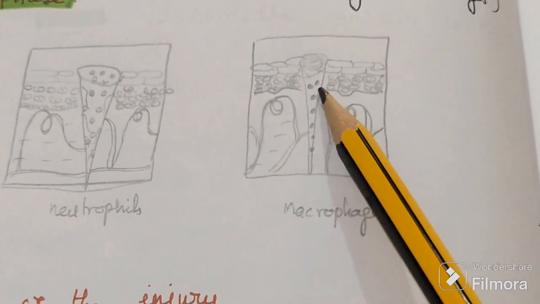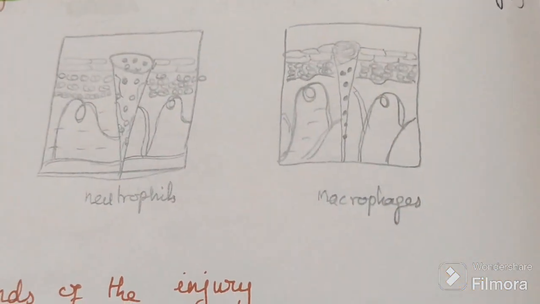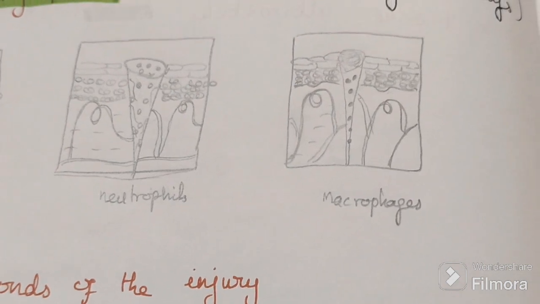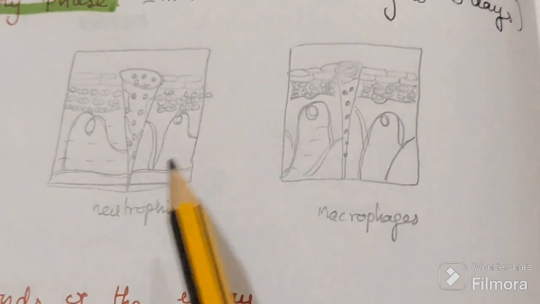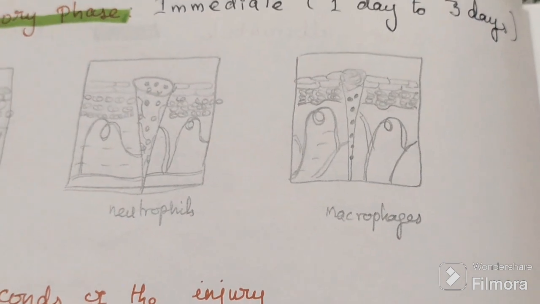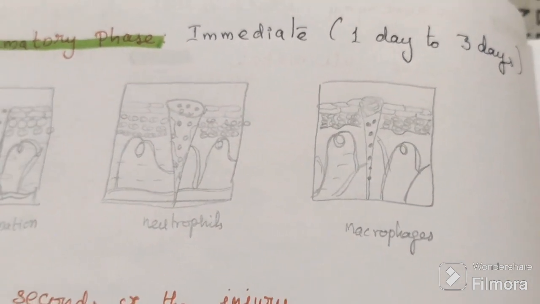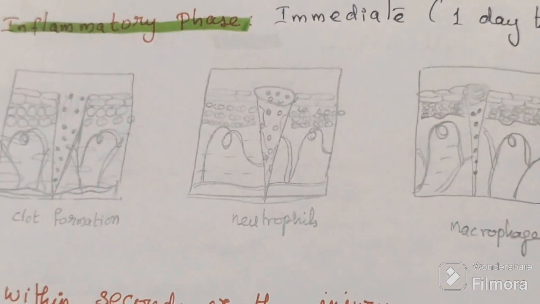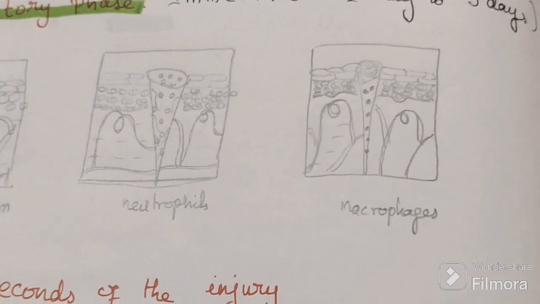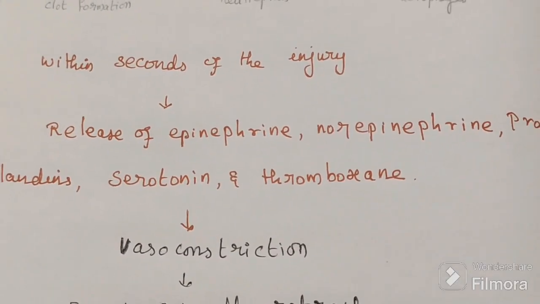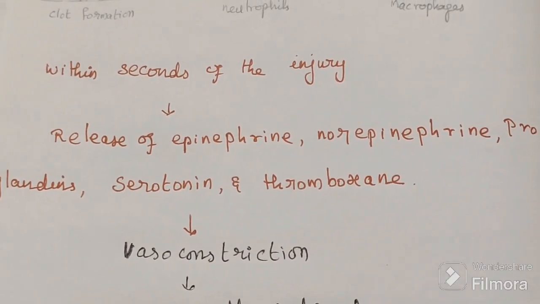So first neutrophils, followed by macrophages. It is clearly visible in the diagram. First is clot formation, then neutrophils, third is macrophages. What is happening in the inflammatory phase?